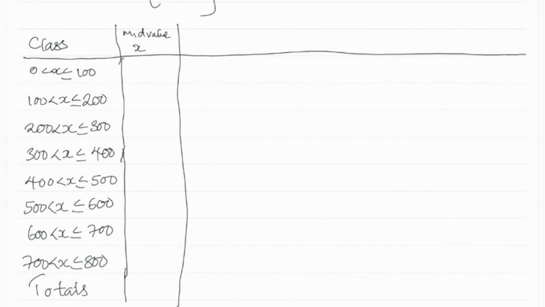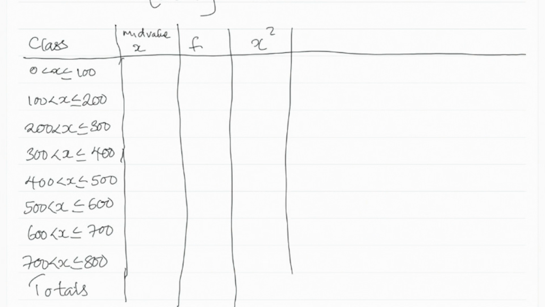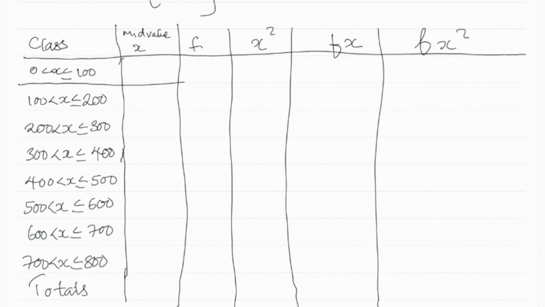Then we are going to have the frequency, then x squared, then f times x, and also f times x squared.